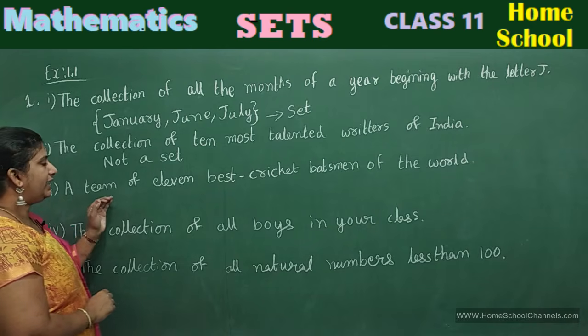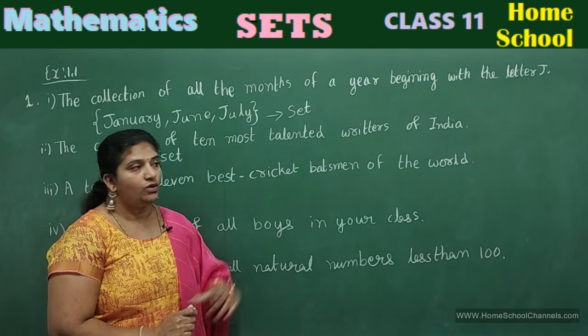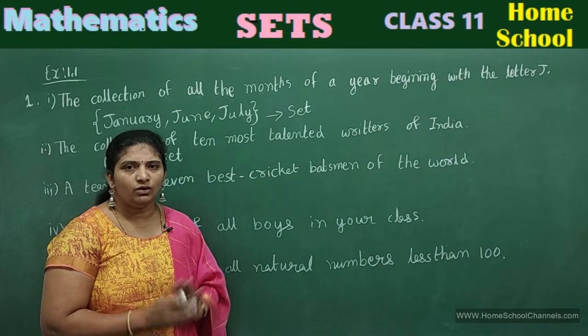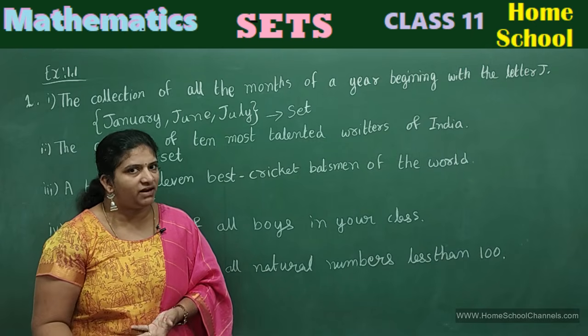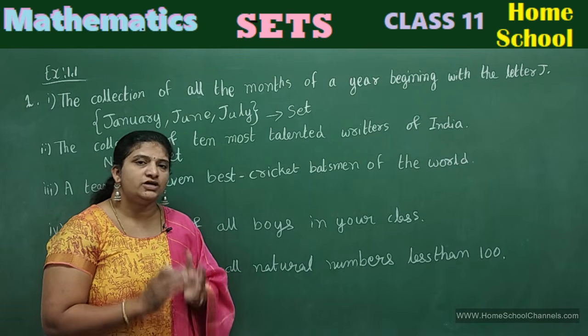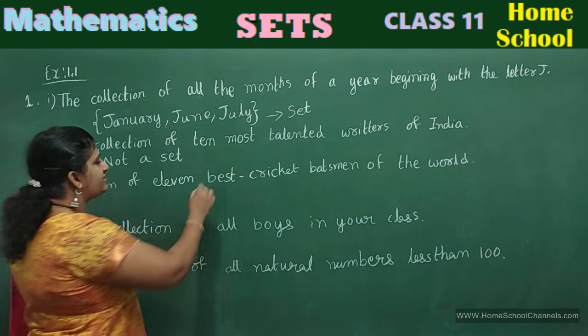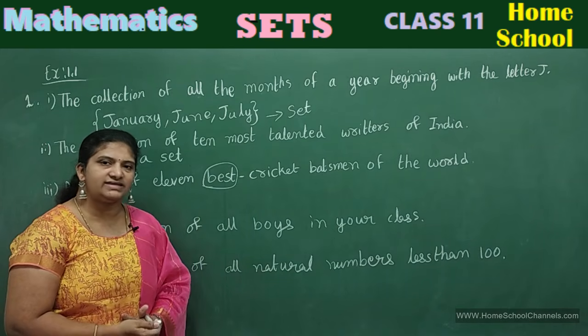Third one, a team of 11 best cricket batsmen of the world. World, 11 cricket batsmen means you may say some 11 members or others may say other 11 members. For this question, best, they may say any way you can select.